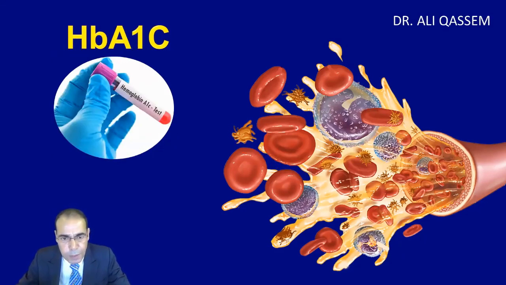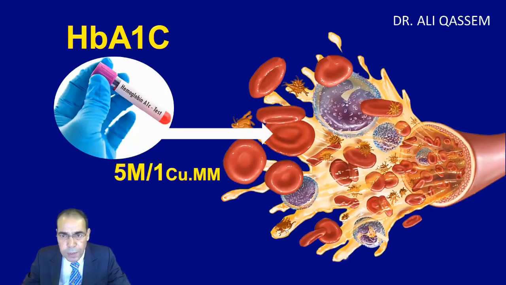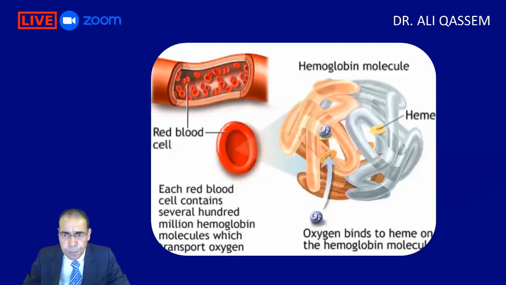The HbA1c test is different. It tells us how much sugar is stuck inside the red cells. One cubic millimeter of our blood contains between 4.8 to 5 million red cells. Each red cell contains millions of hemoglobin molecules, which carry oxygen to all parts of our body.